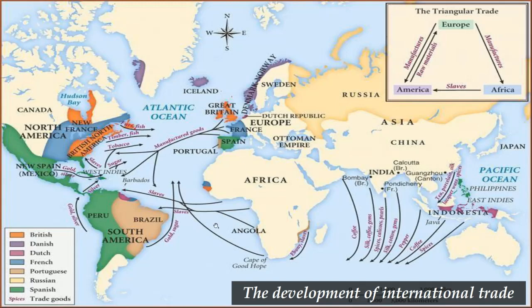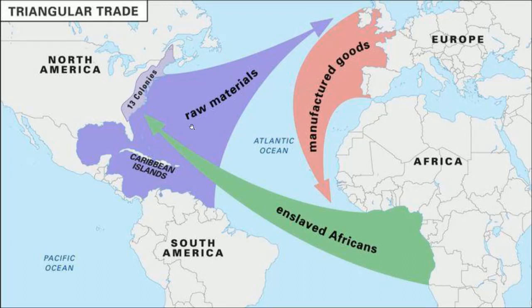They usually exchanged manufactured goods from the mainland in exchange for raw materials that could only be produced in the colonies, such as timber, fish, tobacco, sugar, gold and silver, silk, cotton, pepper, spices, etc.